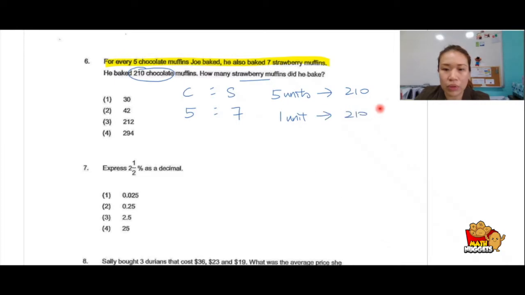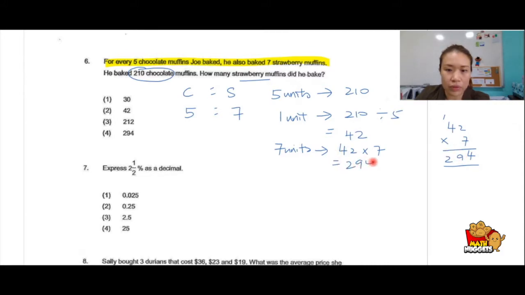So 1 unit will be 210 divided by 5, which gives us 42. So how many strawberry muffins did he bake? Find 7 units, which is 42 times 7. 294. Number 4.